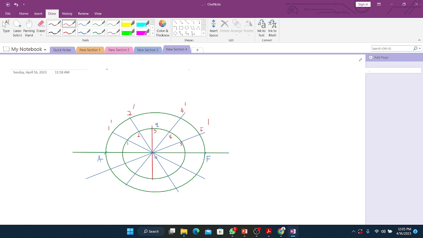Then vertically you want to draw a parallel line to this OQ. Okay, vertically you want to draw, the same way, a parallel line through this 2 dash, and 4 dash.